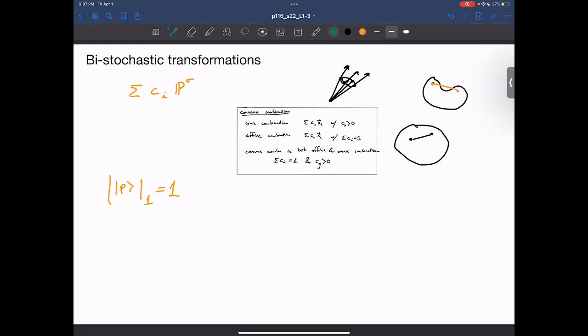If we took instead the transpose of that vector, and that were also equal to 1, then this would also satisfy all three conditions: normalization, reality, and positivity.